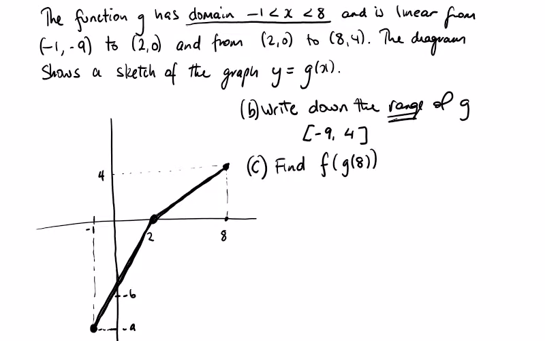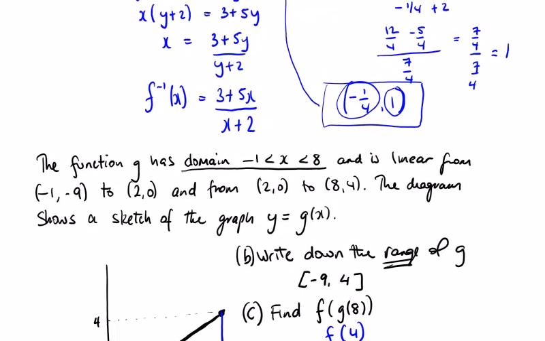Part C asks you to find f of g of 8, so a function inside a function. Now g of 8, here's 8. g of 8 gives me an answer of 4, so we're actually looking for f of 4. So we need to go back up to my function f.